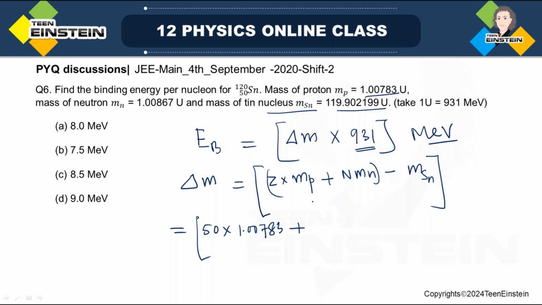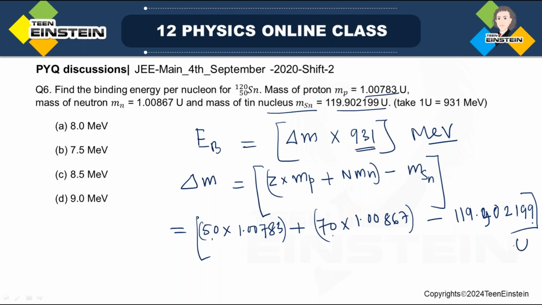Then the number of neutrons is 70 and the mass will be multiplied with this, 867. So this multiplication you have to do quickly, since 70 and 50 are there, so these are not going to make a lot of hardship, because only one number you have to multiply, and then do the subtraction. This one 119.902199.